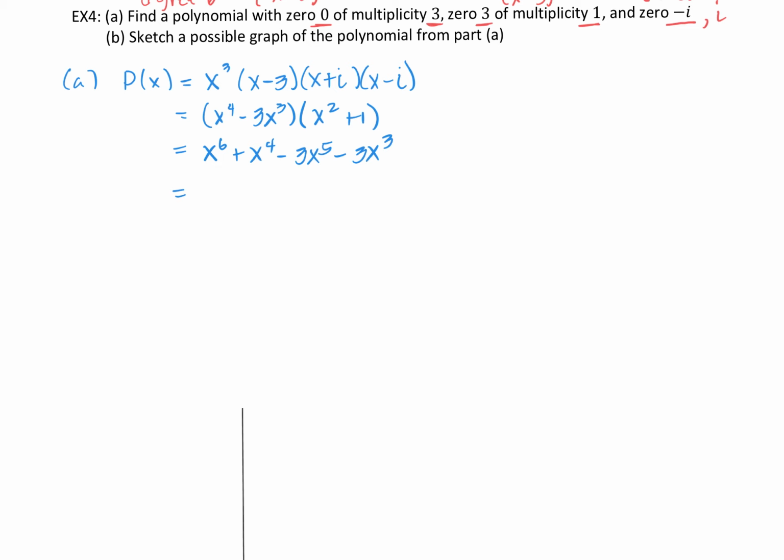I'm going to write this in descending order, highest exponent to smallest. And this is my polynomial that has those given zeros. Notice that this polynomial is degree 6, which is what I expected.